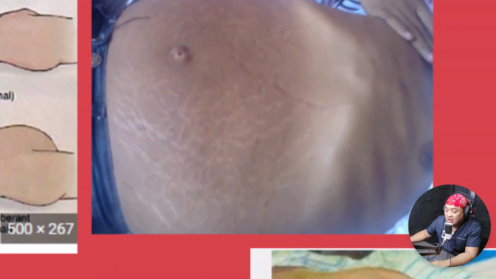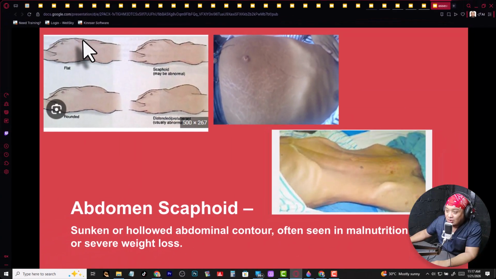So abdominal scaphoid is a sunken or hollowed abdominal contour often seen in malnutrition or severe weight loss. It is not just flat, it is really sunken, like cases in Somalia. I think this can also be found in anorexia nervosa patients.